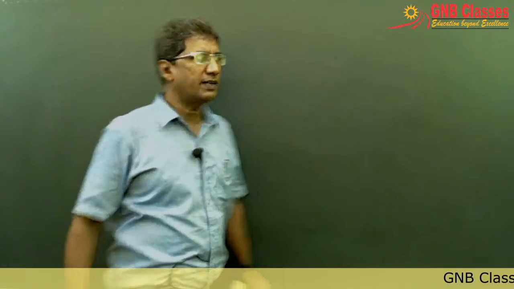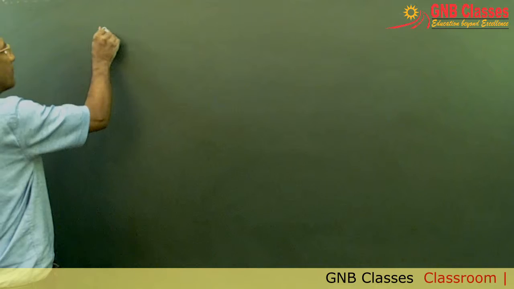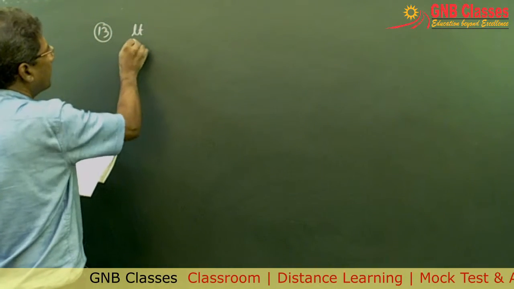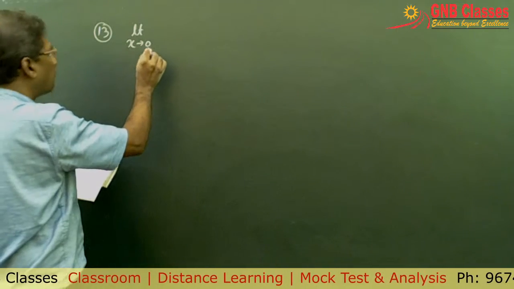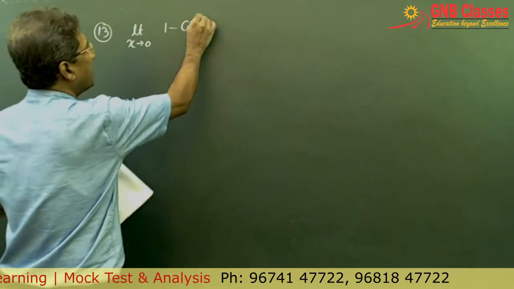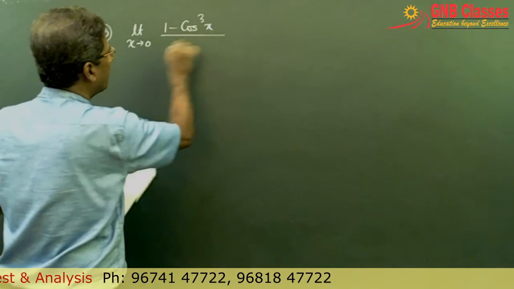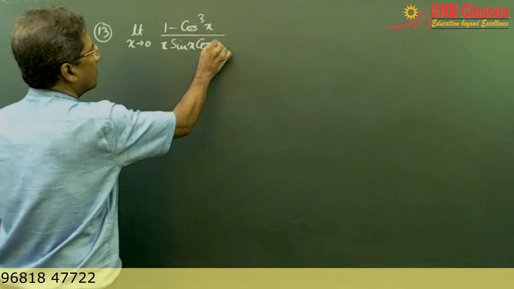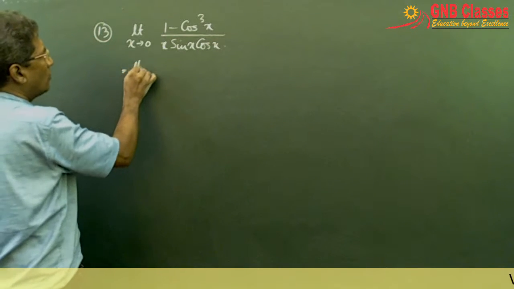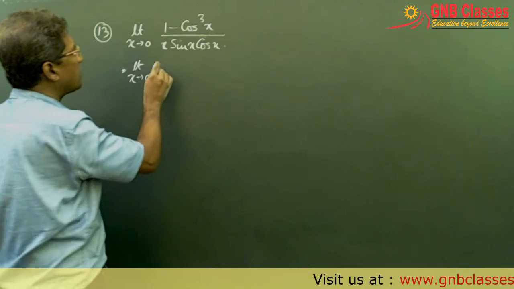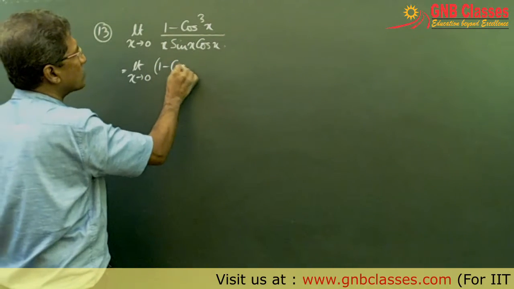In question number 13, they ask to evaluate the limit as x approaches 0 of (1 minus cos cube x) by (x sin x cos x). Now let me write the a cube minus b cube formula, which is nothing but 1 minus cos x.